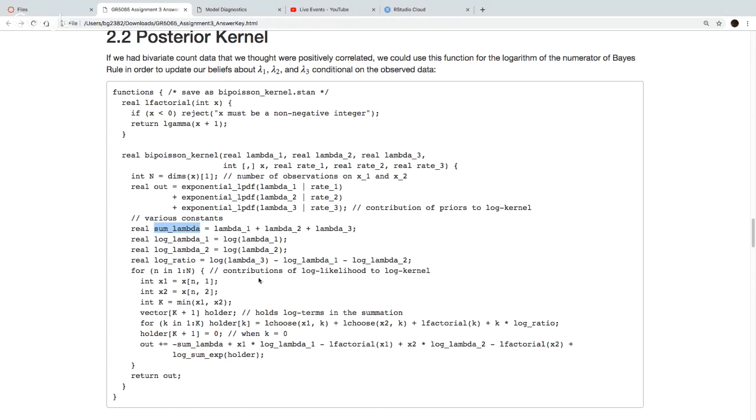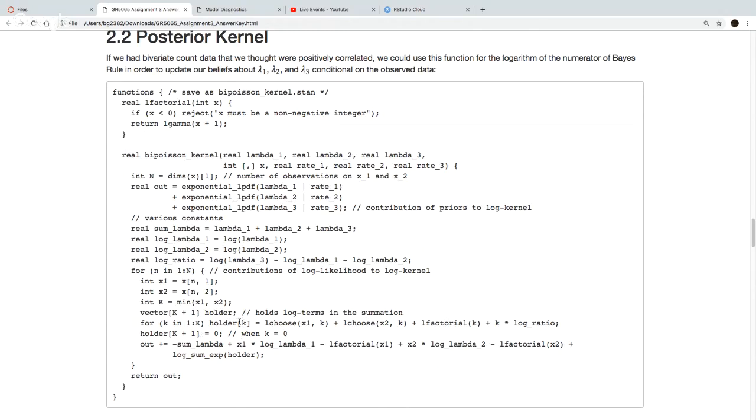Then we loop over the observations to get a contribution for each observation to the log likelihood function. We pull out x1 and x2 out of this n by 2 integer array that we have. We see which one is the minimum of those two values, and then we set up a holder vector of size k plus 1 to hold the contributions in that summation that was in the PMF on Wikipedia.